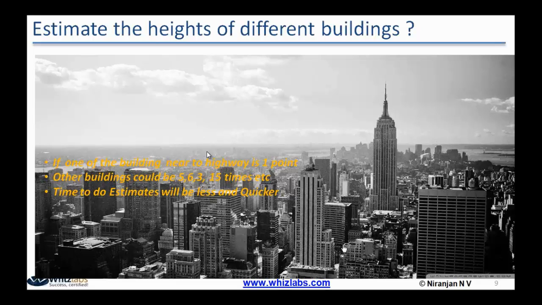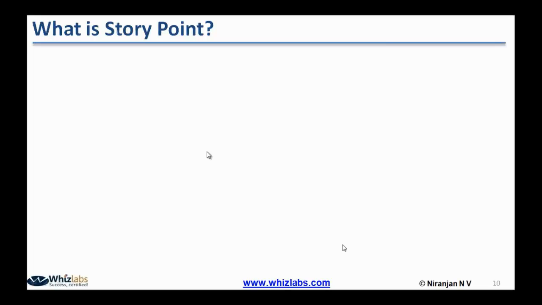At the most you can say 5 sprints or 6 sprints, a meaningful number. So what it means is that by doing relative estimation you can do the estimates quicker, but they will be a little bit approximate. Okay, so that is fine. As we just discussed, we don't have to do the precise estimation. So with that, let's come to what this story point is.